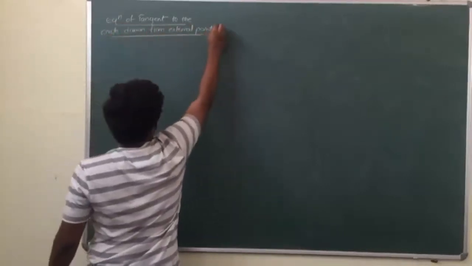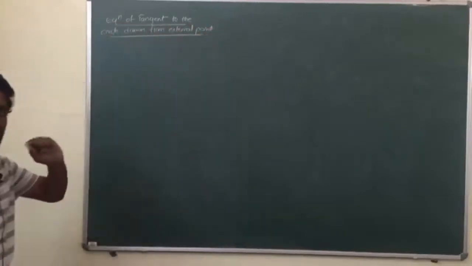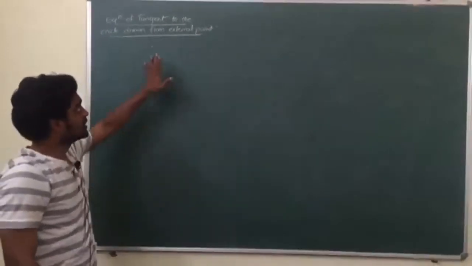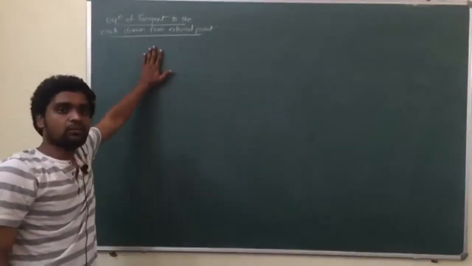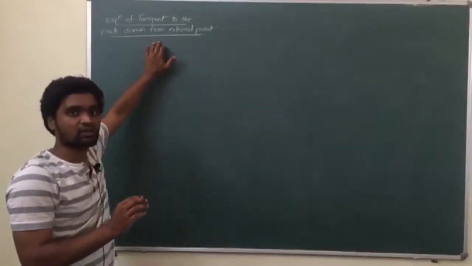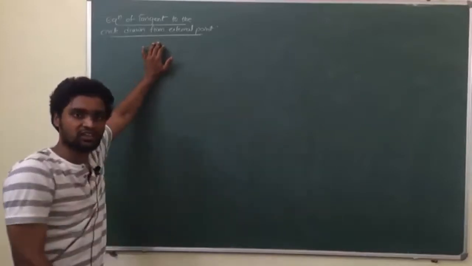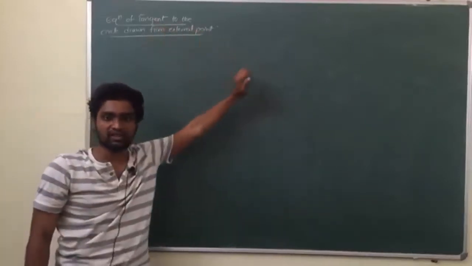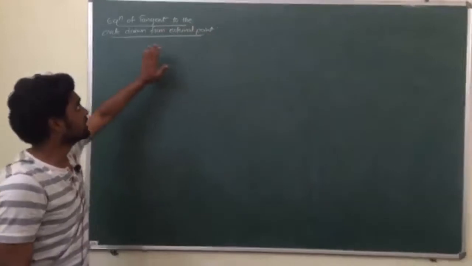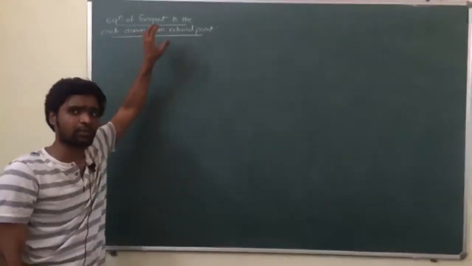See, in the first form, a point on the circle is given. In the second form, slope is given. Now, this is a new form, where the point on the circle is not given. A point exterior to the circle is given, which means an external point is given, and how to find the equation of tangent to the circle from an external point.